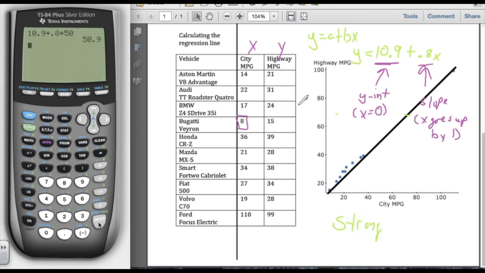So if you added 1 city mile per gallon, you would add 0.8 to your highway miles per gallon. If you added 2 city miles per gallon, you would add 1.6 to your highway miles per gallon. If you added 3 city miles per gallon, you would add 2.4 highway miles per gallon. We'll talk about this slope and y-intercept a little bit more in a future video.